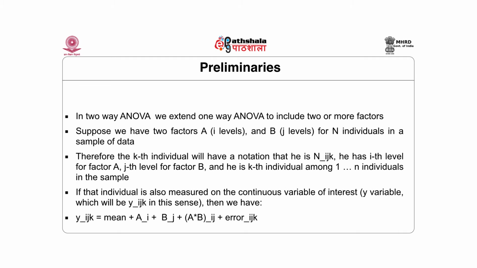Therefore, AB, when we put them together in an interaction term, will have I times J number of categories. And that is represented here by AB underscore IJ.